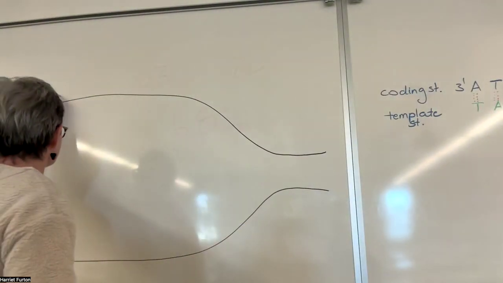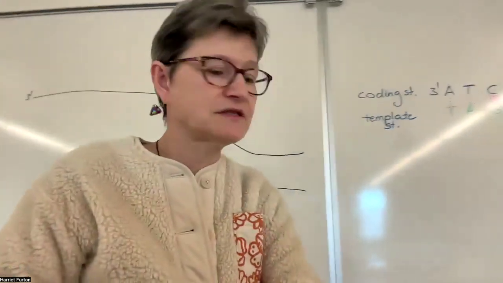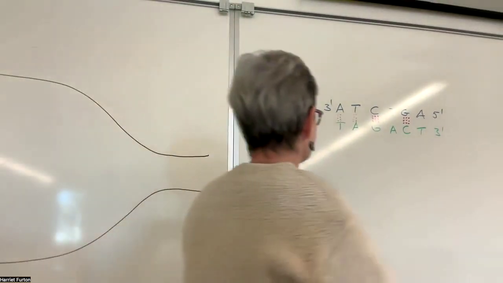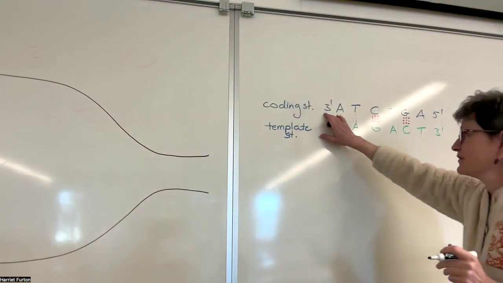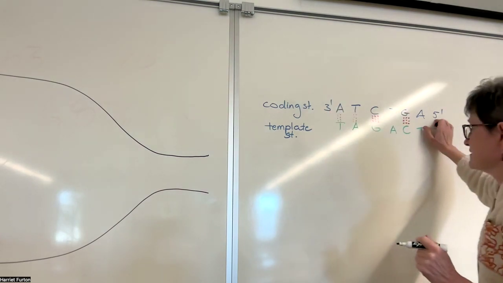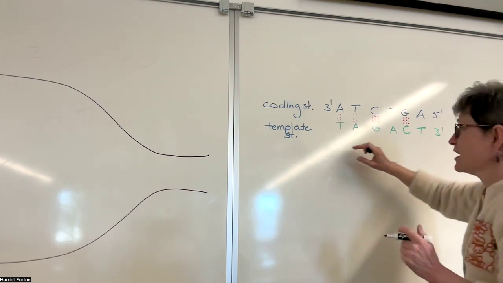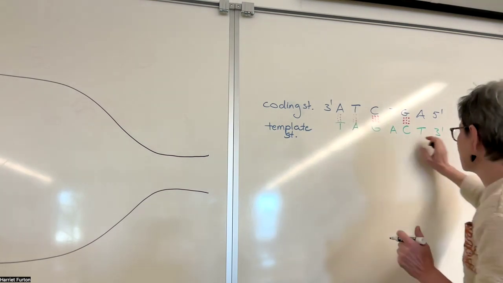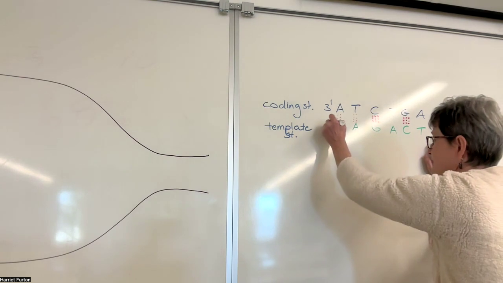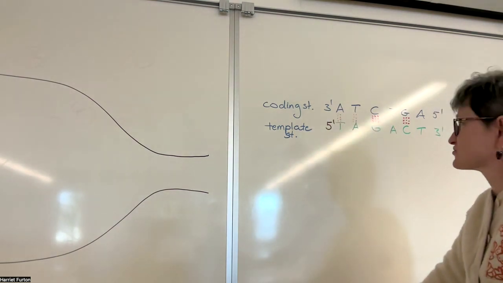So this is the third end. Please notice that the third and fifth end for the coding strand, and for the template strand, for the complementary one, it's going to be opposite. So they are anti-parallel strands.